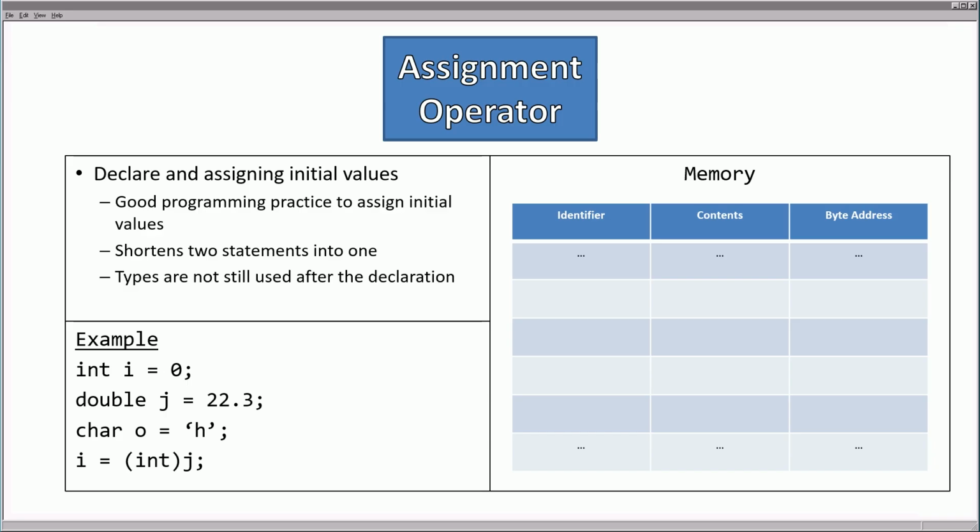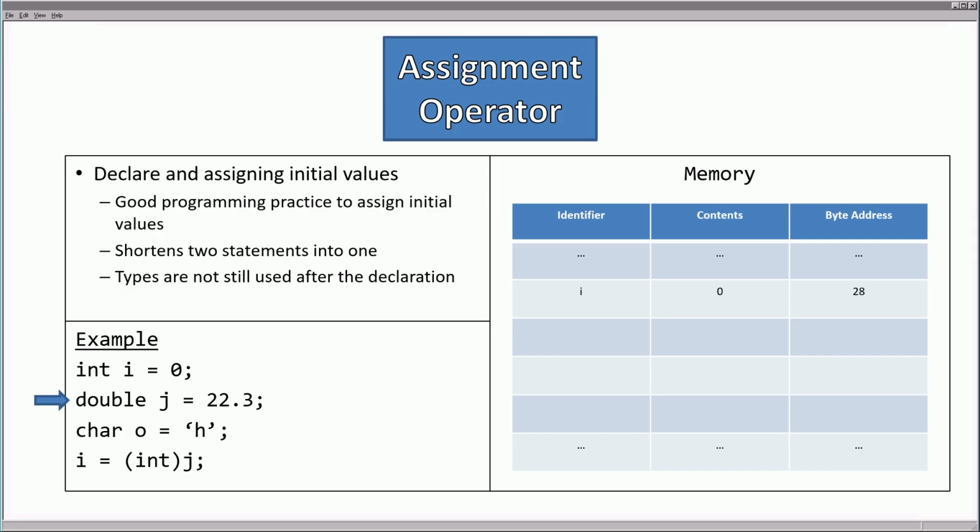If we look at this example down here, there's actually 2 statements per each line. First thing right here, this part is the declaration. This is what we saw before. This basically creates this identifier at this byte address and go ahead and assigns it to the default value 0. Now this part is the assignment. We assign I to the value of 0, which isn't that exciting because it's already 0.